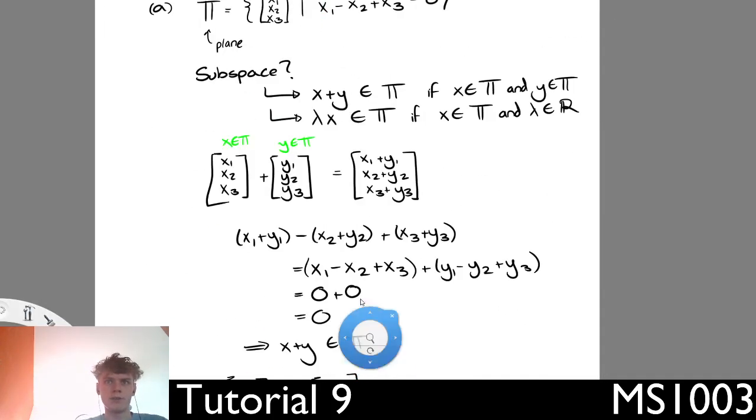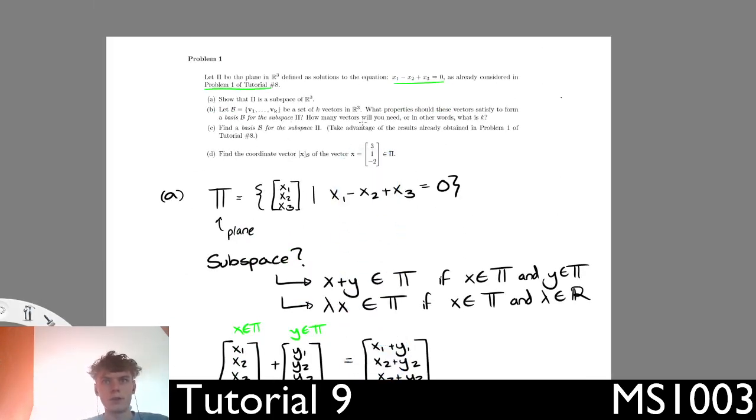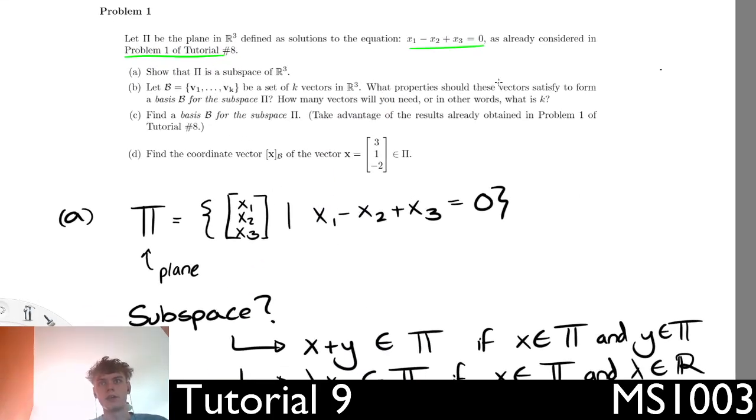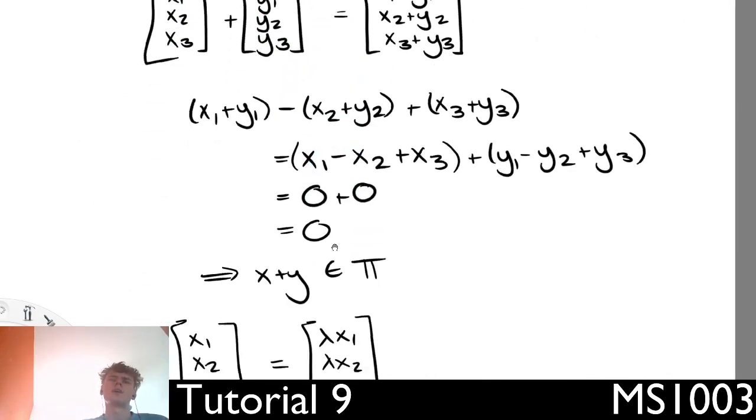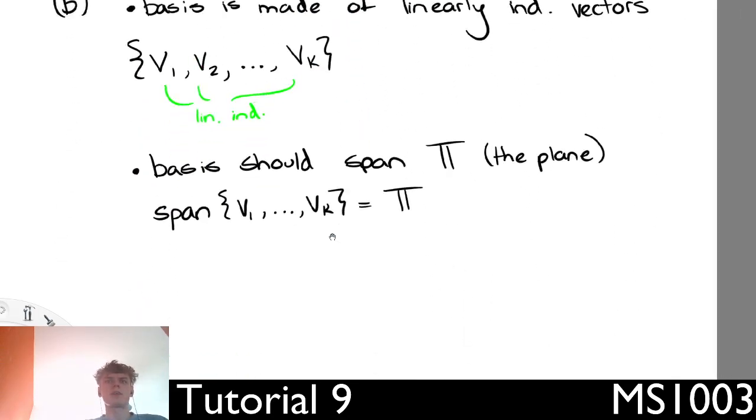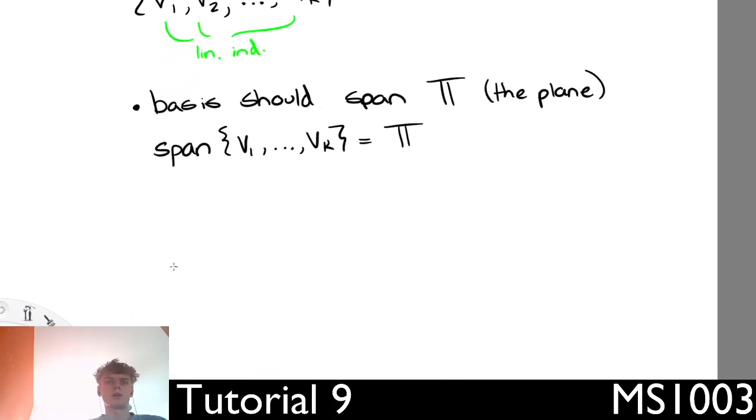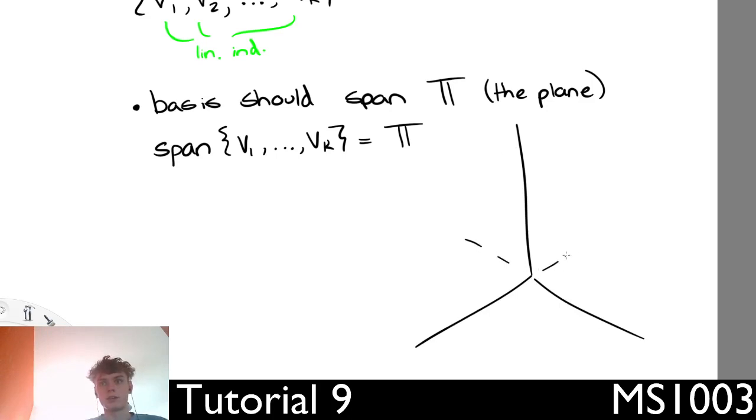The next part of B was to figure out how many vectors you'll need to span the plane. So we did this in the last tutorial where we actually found what the vectors were, but just to give the answer without doing anything hard, here's R3.